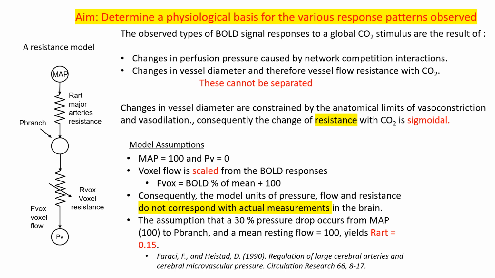The final assumption is that a 30% pressure drop occurs in the major supply arteries from the mean arterial pressure at 100 to P branch, the perfusion pressure. And with the assumption of a mean resting flow of 100 yields an arterial resistance of 0.15 in the major supply arteries.